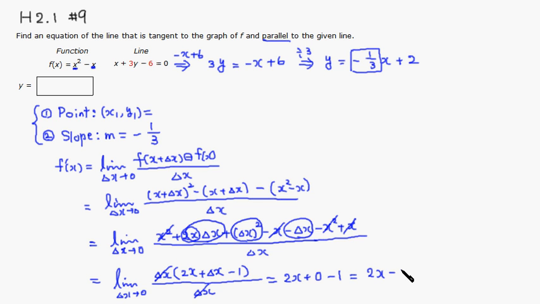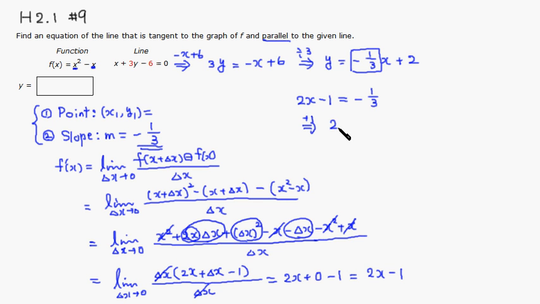Then what we want to do is make sure that this derivative is equal to this given slope, so that it's parallel. So we have to solve this equation. That happens when 2x minus 1 is equal to -1/3. We solve for x, so we add 1 to both sides.